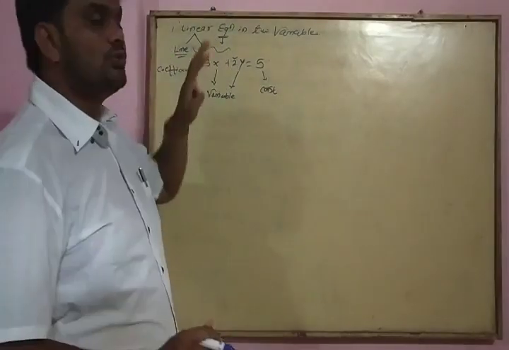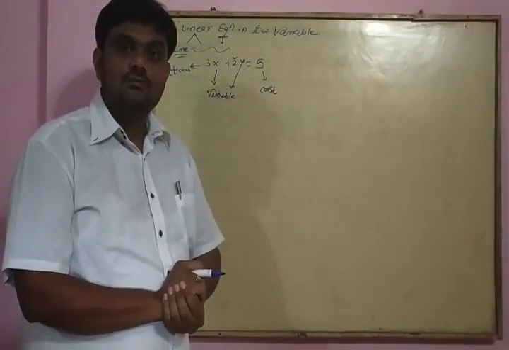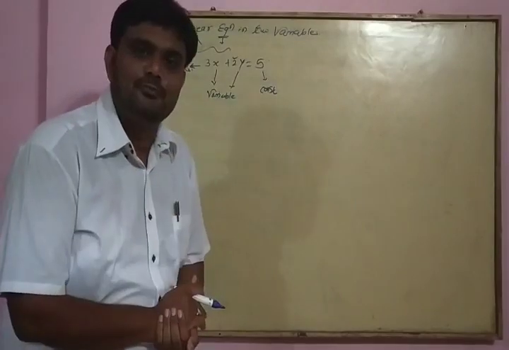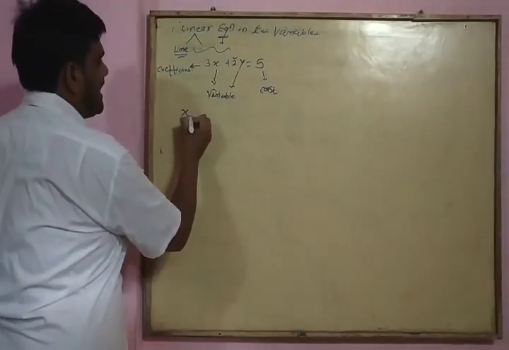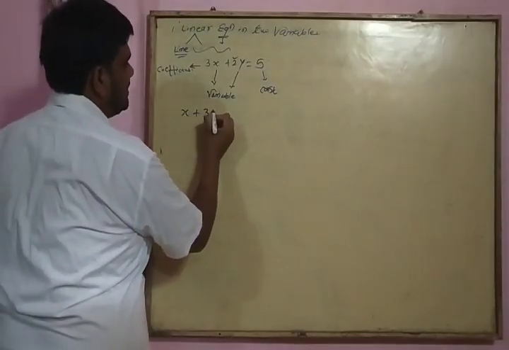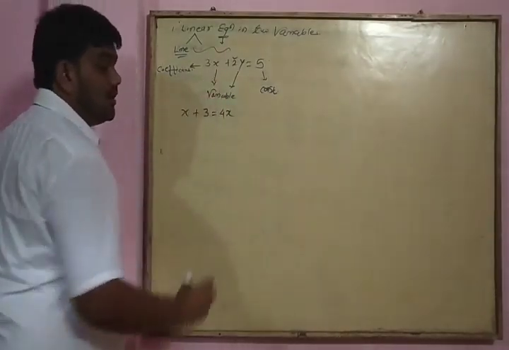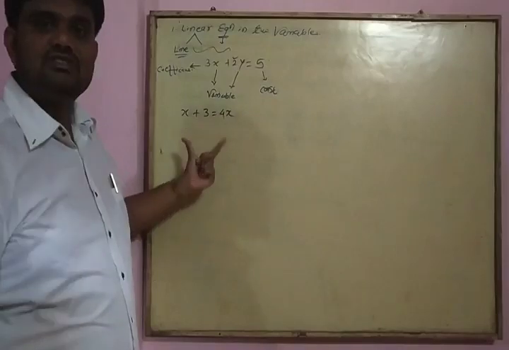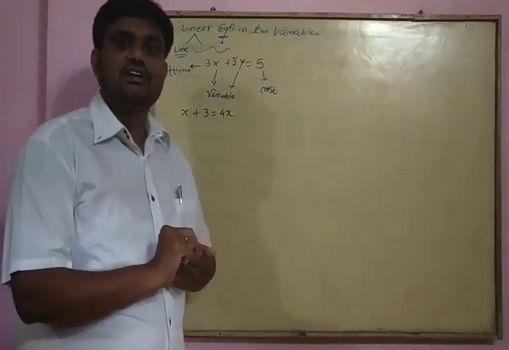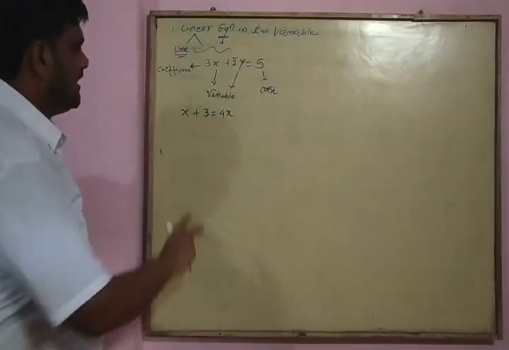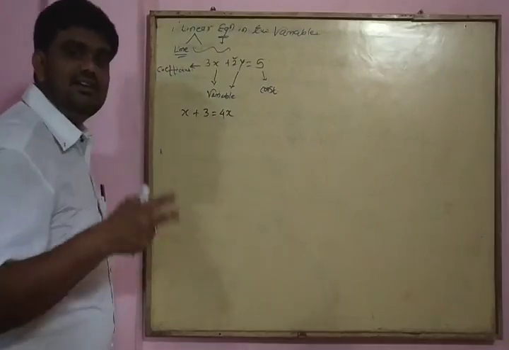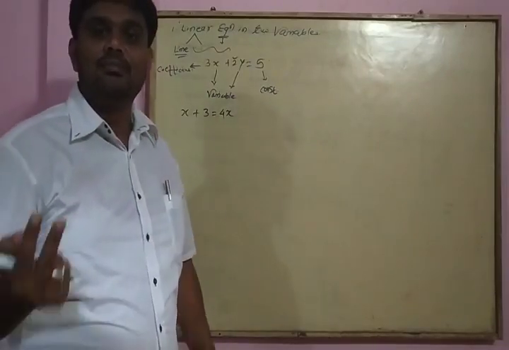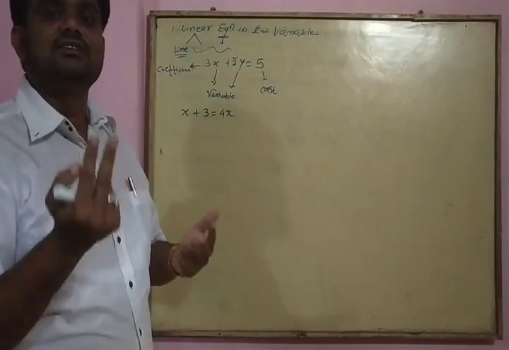Now it is in two variables. Sometimes students may get confused: sir, x plus 3 is equal to 4x, here x appears 2 times. But dear students, be careful. It is not a linear equation in two variables, because the variable is the same.